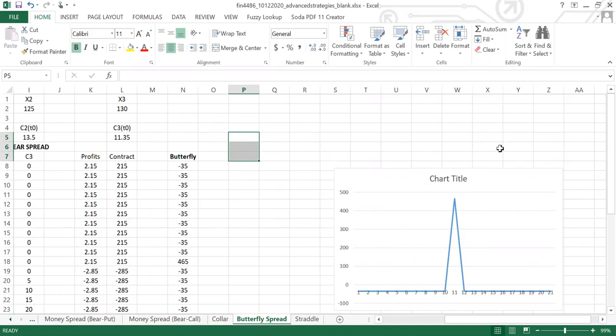So with a butterfly, you will make money if you have the stock price in that range that you define, or basically if the stock price is not moving and it's staying within a given range, then you're gaining this payoff.